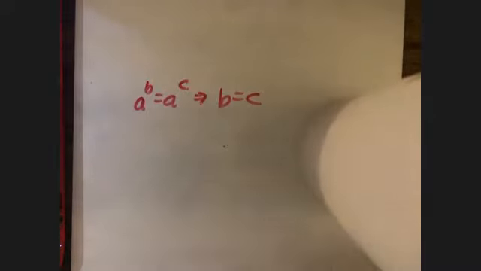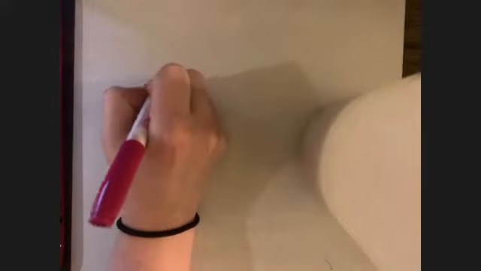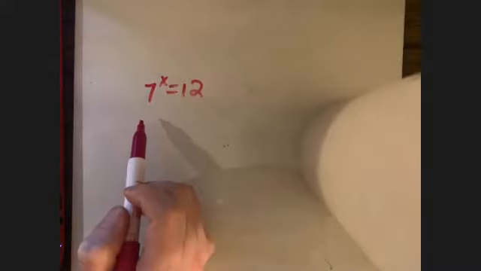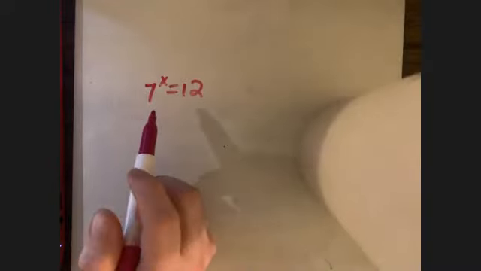Now we're going to look at what happens if I can't get them into the same base. We have something like 7^x equals 12. We need to get the x down out of the exponent, and again, we talked about that when we discussed logs.